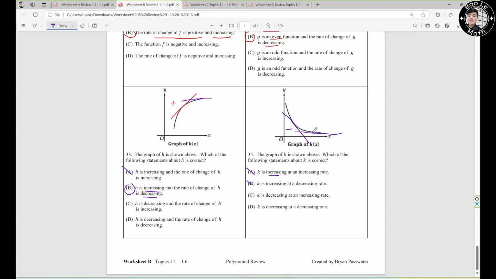We see that the tangent line is getting less steep, and then this going this way right here, right? The tangent line is steeper, the slope is smaller, right? So which means the slope of this guy right here is less than this guy right here, which means the function has an increasing rate. So the answer must be C.